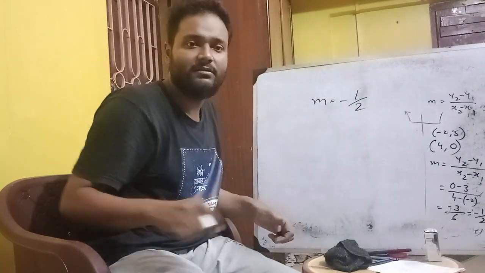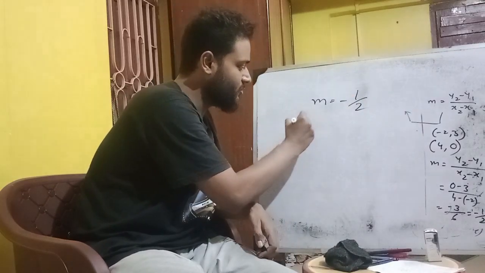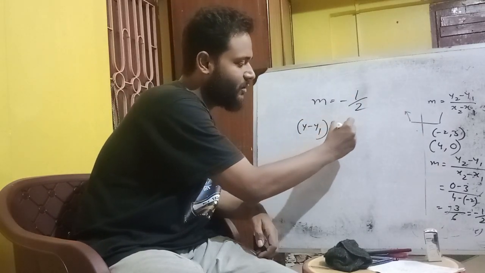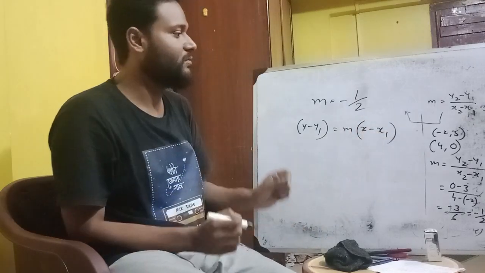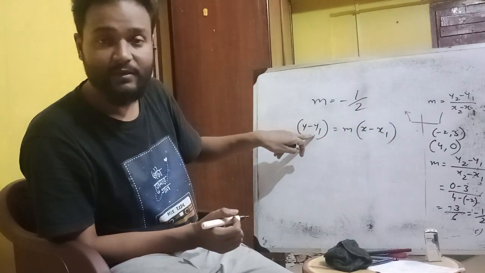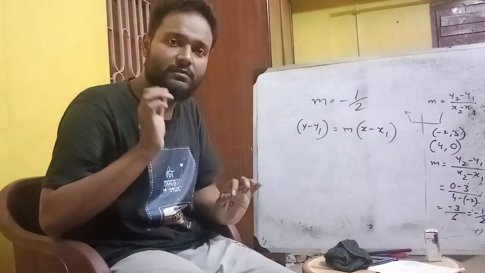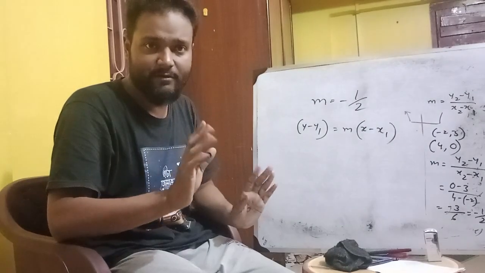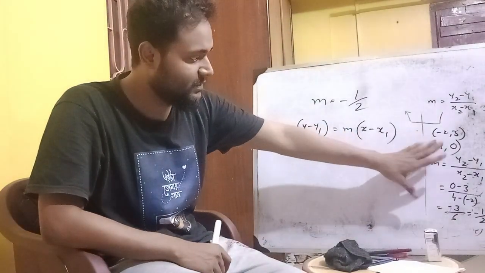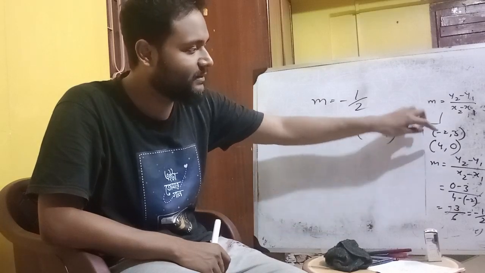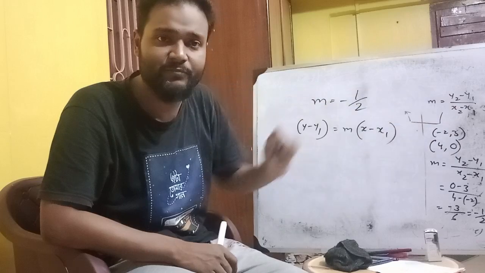Now we can use the second formula, that is the slope point form, y minus y1 equal to m into x minus x1. So now what will be the value of x1 and y1? So you have to have a clear concept about x1 and y1. Basically in this formula, we have taken this point as x1, y1, -2 and 3.